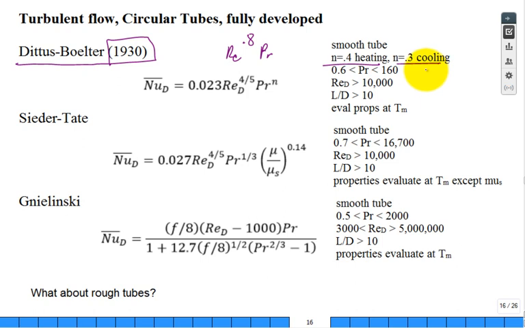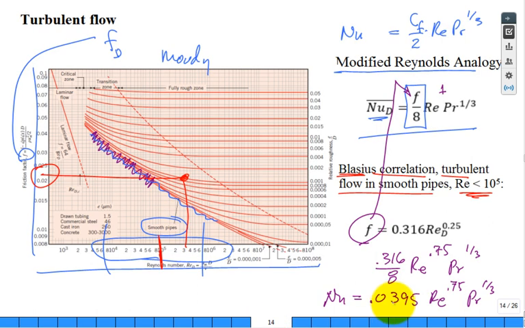If somebody says, I don't know if it's heated or cooled, what do I use? I don't know, 0.35, close enough to 0.333 anyway. The true Dittus-Boelter says you need to know if it's being heated or cooled and use 0.3 or 0.4. Okay. And then 0.023. What did we just have on the previous slide? 0.04.